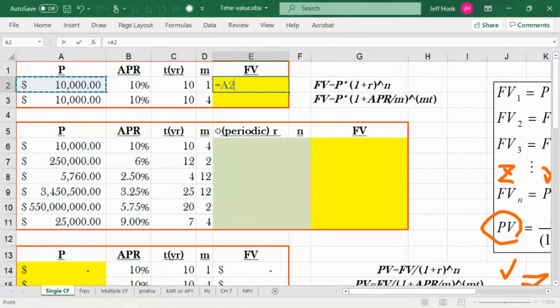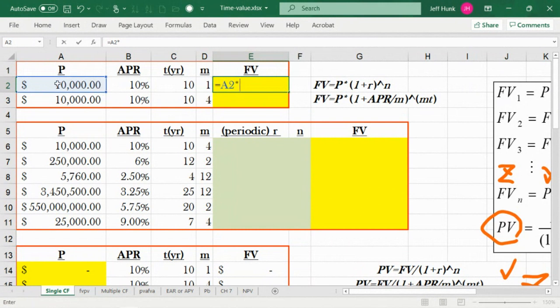Now, first, principal is there, in A2. You always start with the equal sign, because that's exactly what the formula says: future value is equal to principal, which is in A2. You don't manually type in A2.